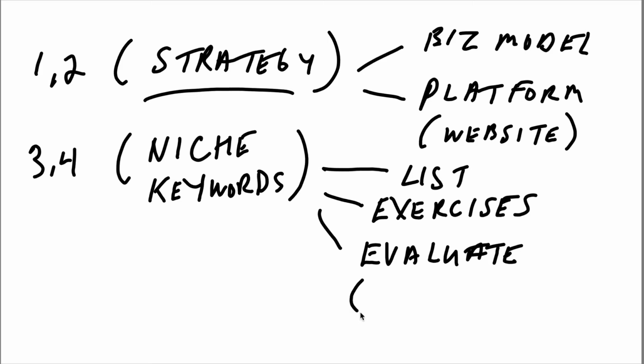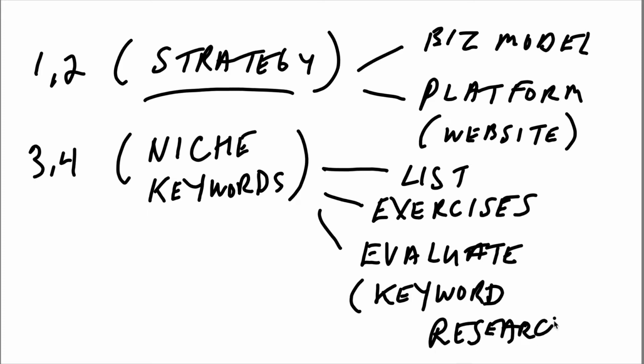So you need to evaluate the niche with keyword research. So really, really important. You might find a niche through the various tactics that we share in some of that other training, but you need to evaluate the niche and really make sure that it is a proven topic that's going to be monetizable. You're going to gain traffic and it's worth pursuing. And you do that with keyword research. So we covered that in the other video.